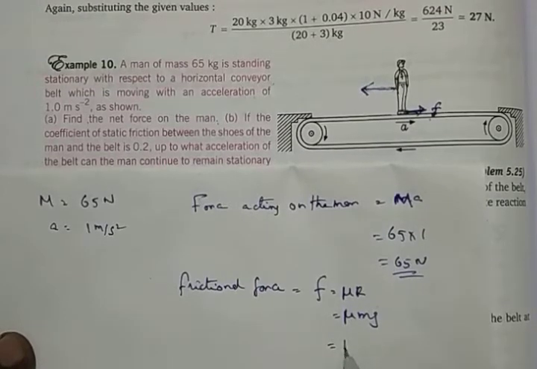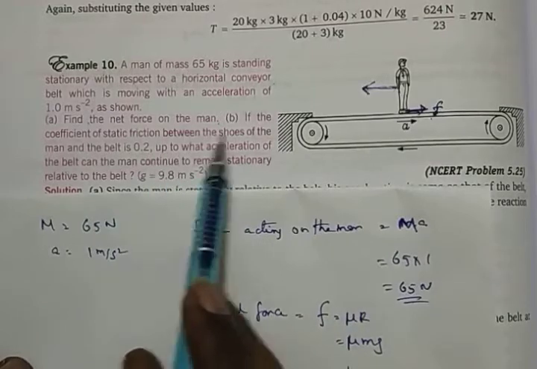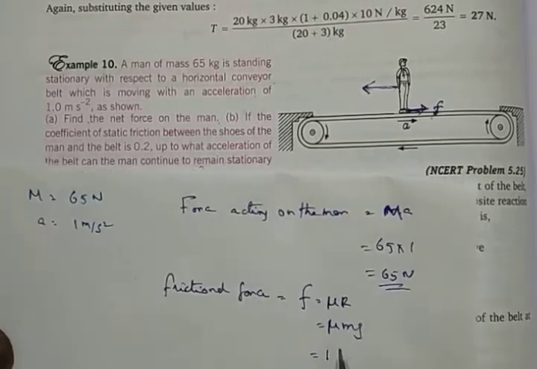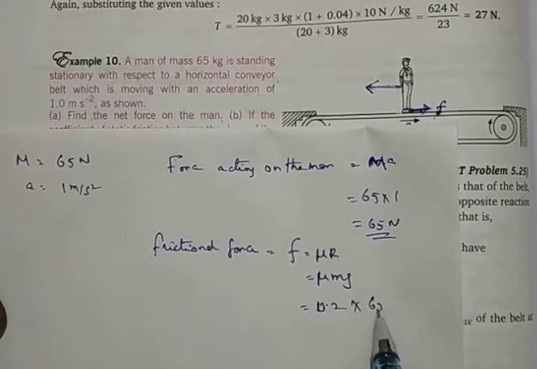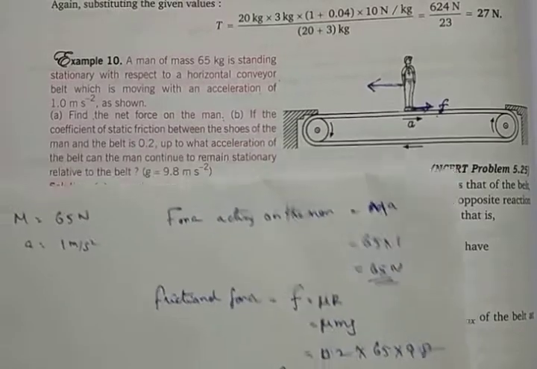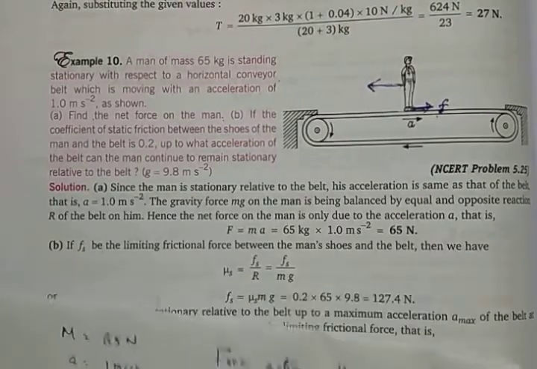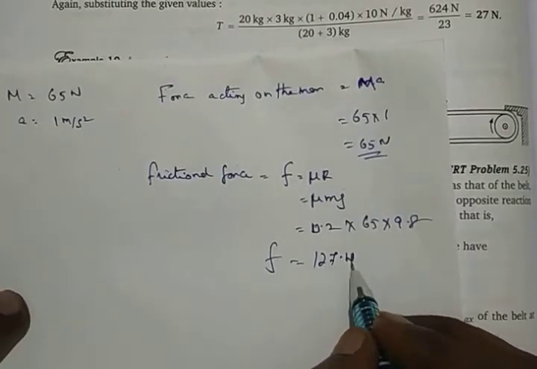What is the mu value? The coefficient of static friction between the shoes and the belt is 0.2. So 0.2 into 65 into 9.8. What is the frictional force? After you find it out, it is going to be 127.4 newtons.